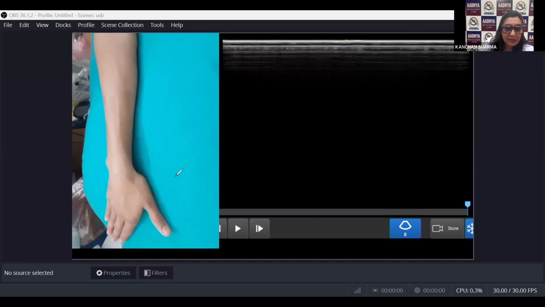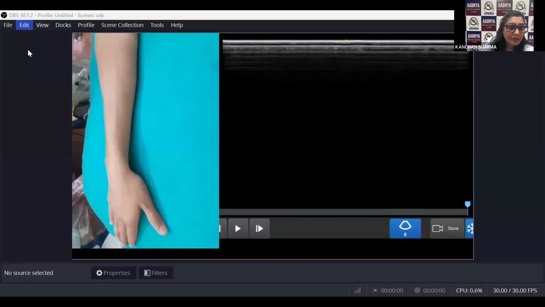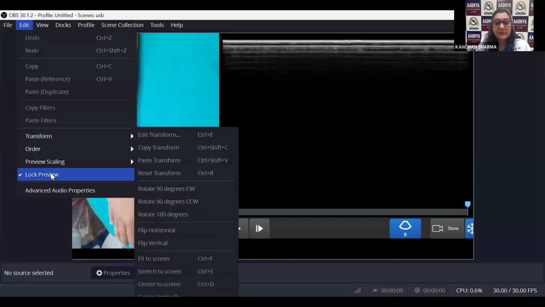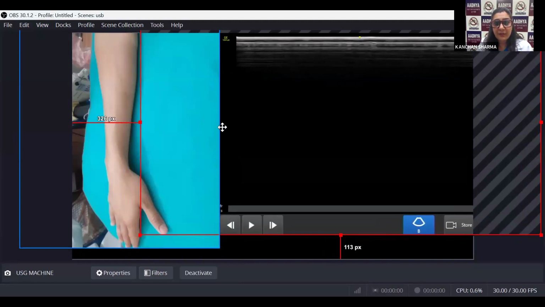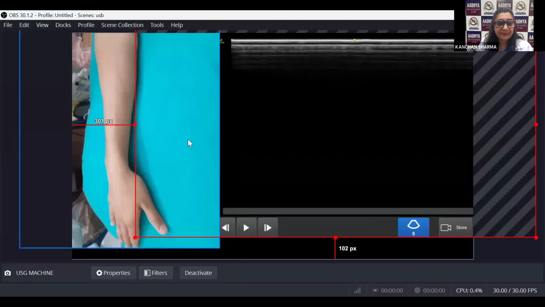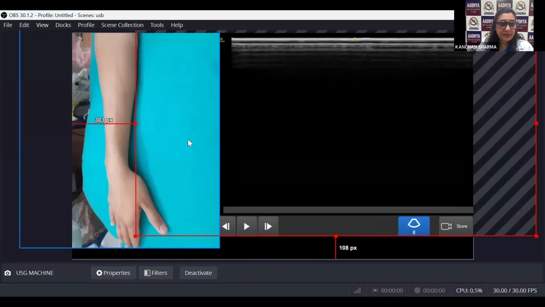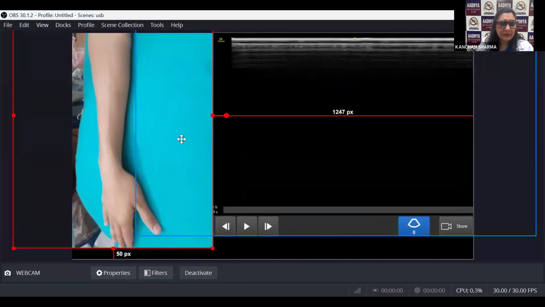Just give me a second. I think the logo of the machine is not visible, which is very important for us, so that's why I'm adjusting it. Yeah, this will be fine.